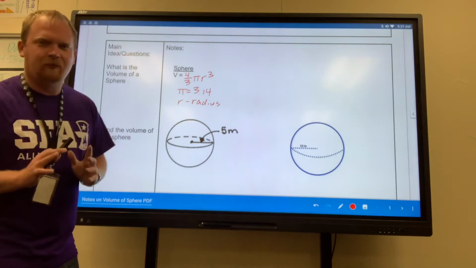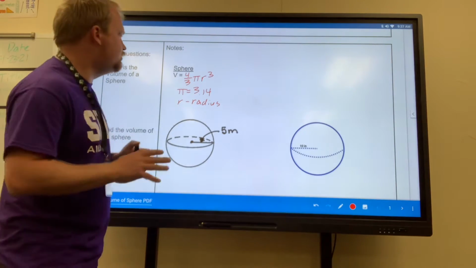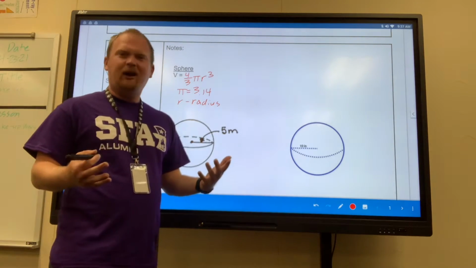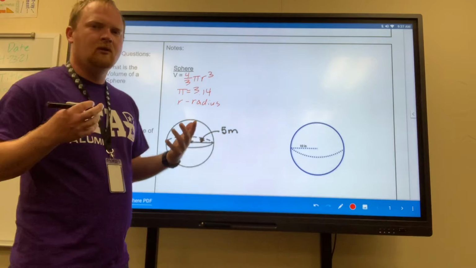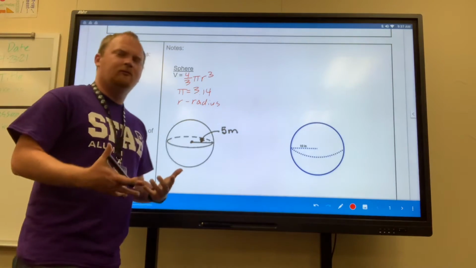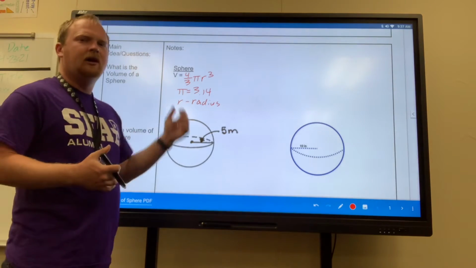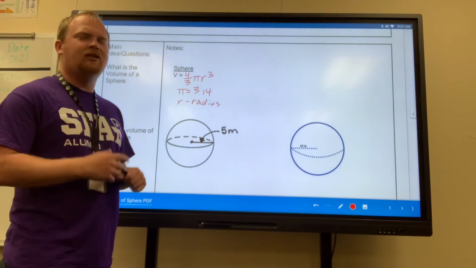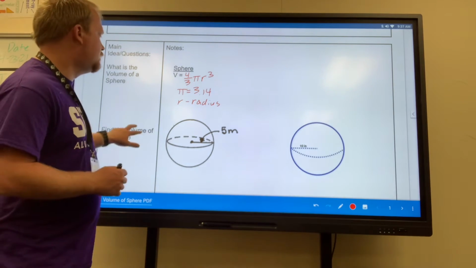That's a huge difference. Now, we still got to know what the radius is, but when it comes to volume, I got to cube the radius rather than square it.